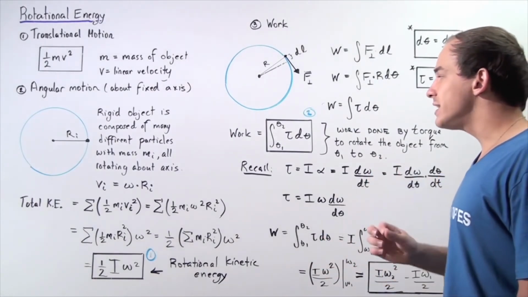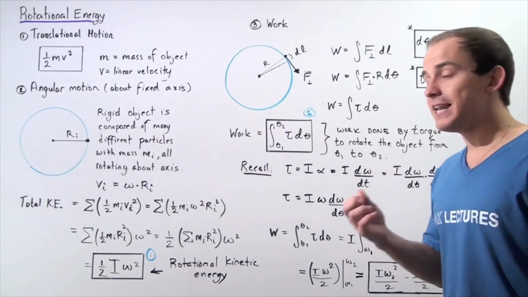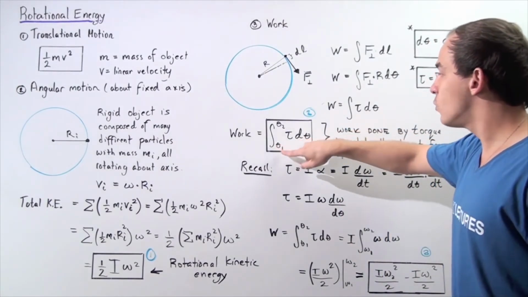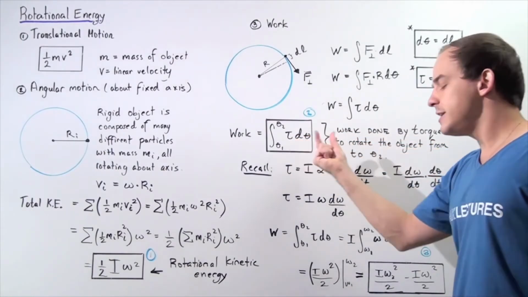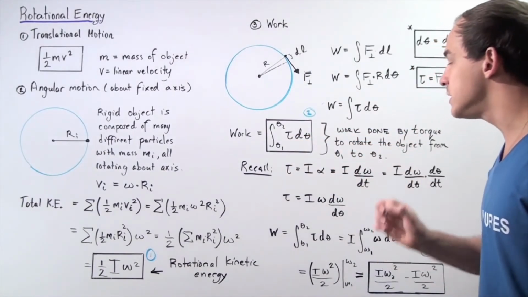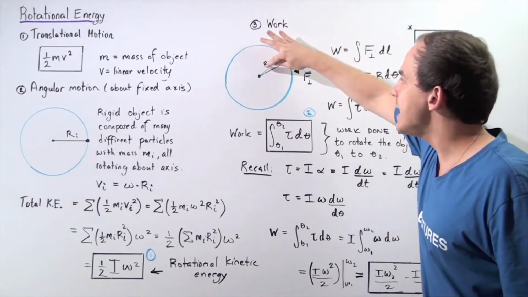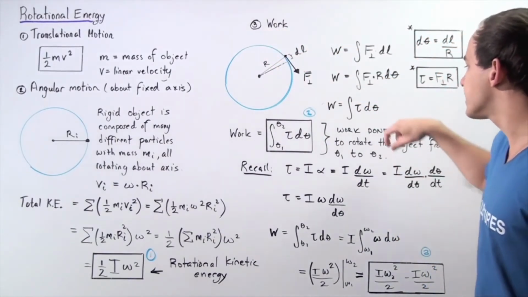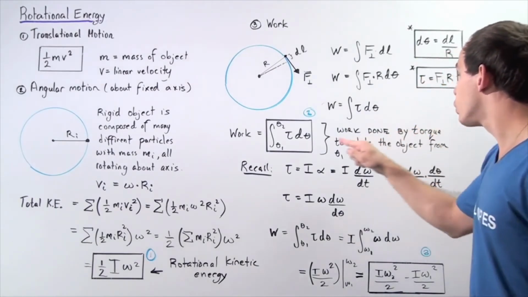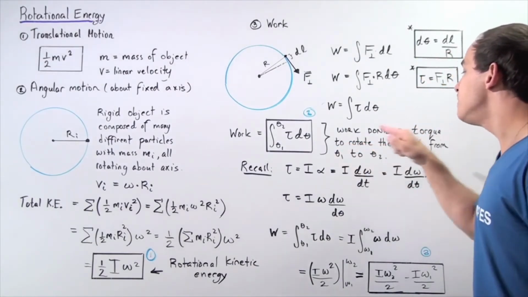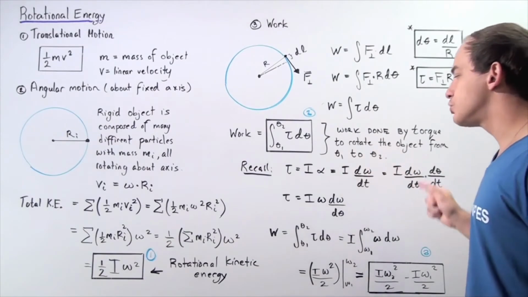So we can define the definite integral from theta 1 to theta 2 of the torque d theta, where d theta is simply the infinitely small change in the angular position of our object. And this is the work done by the torque to rotate the object from theta 1 to theta 2.